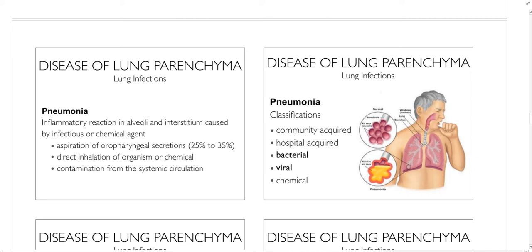All right, so pneumonia, super common. This is a simple inflammatory reaction in alveoli and the interstitium itself that's caused by some kind of an infectious agent. Commonly, this is going to be from aspiration of oropharyngeal secretions, especially in, say, older adults who, as we learned in week 1, have a more difficult time producing a strong cough reflex.